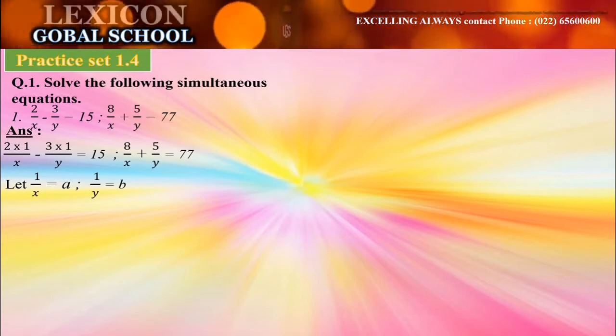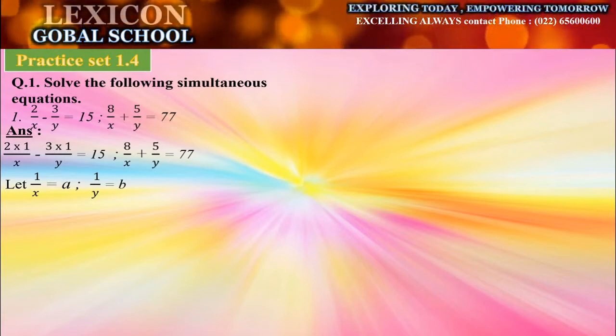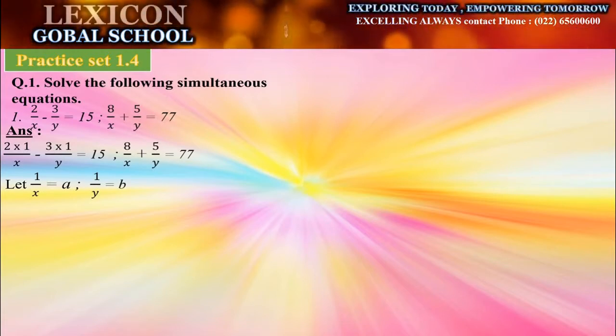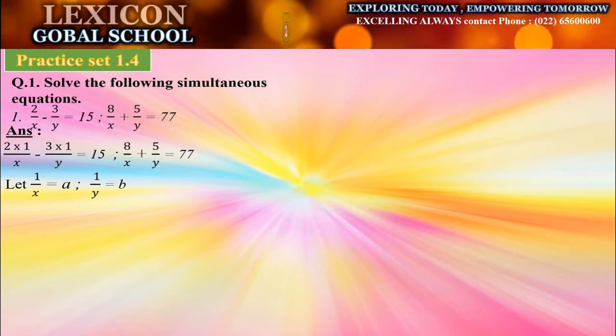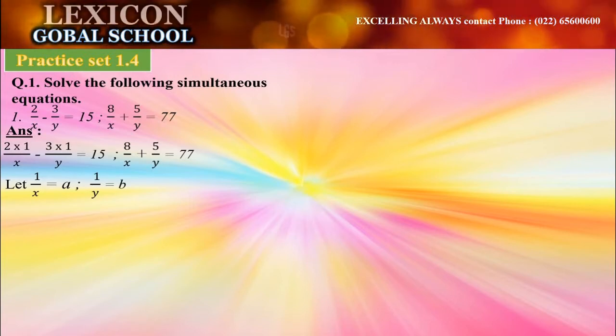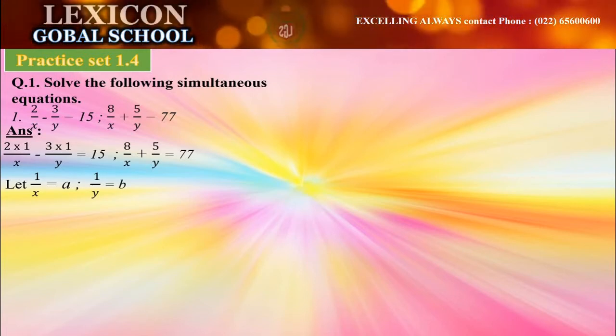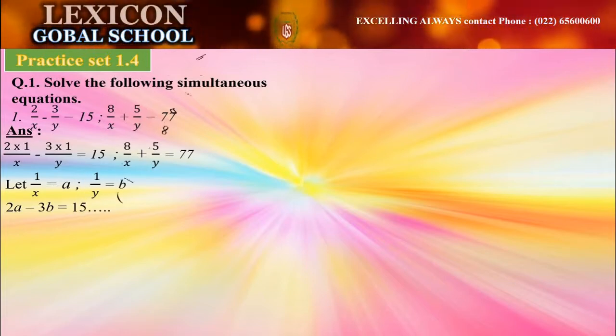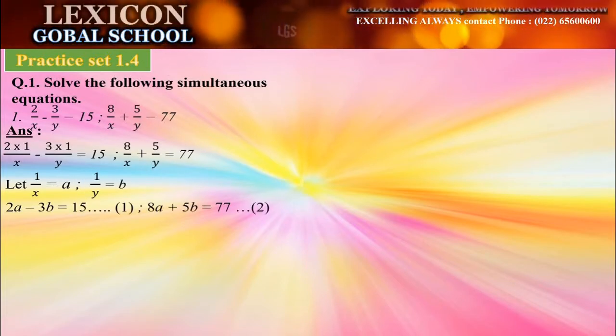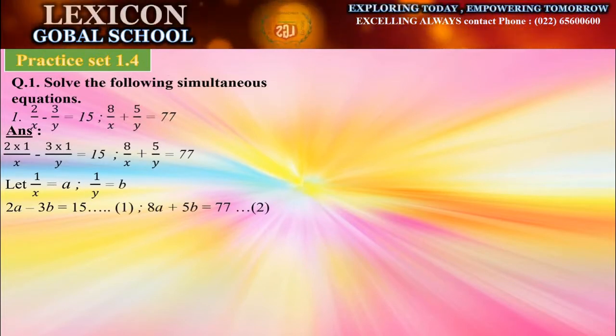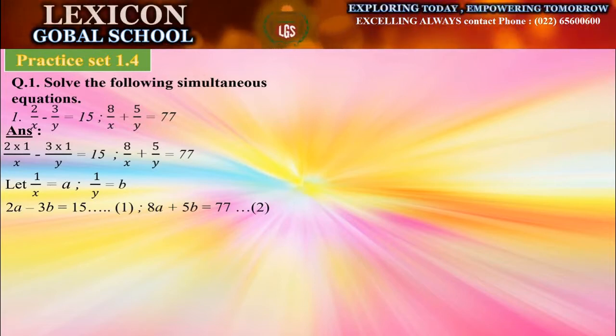Let 1 upon x is equal to a and 1 upon y is equal to b. So wherever there is 1 upon x, we substitute a and for 1 upon y, b. So the first equation becomes 2a minus 3b is equal to 15 and the second equation becomes 8a plus 5b is equal to 77.